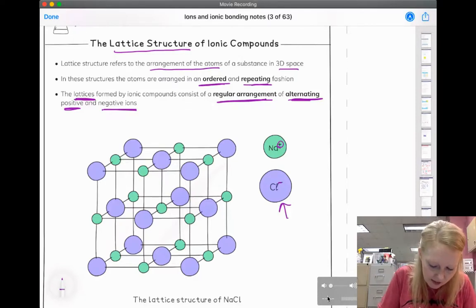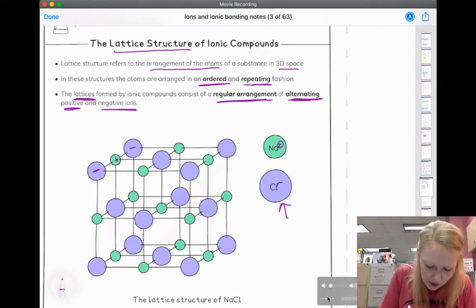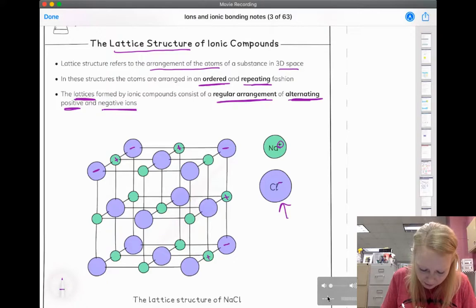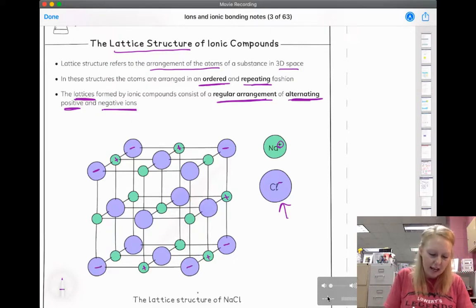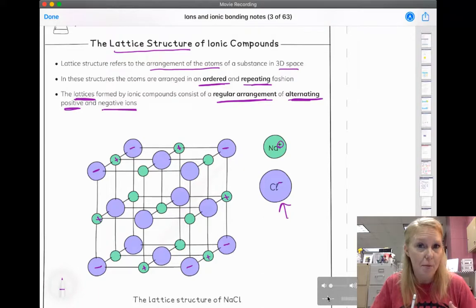But you'll notice for every negative chloride, I have a positive sodium. Then a negative chloride, positive sodium ion, negative chloride, positive sodium, and so on. And notice that doesn't stop in 2 dimensions. That goes all the way through the structure in 3 dimensions. Now, it's always in a regular pattern, but it keeps on repeating over and over in every direction.